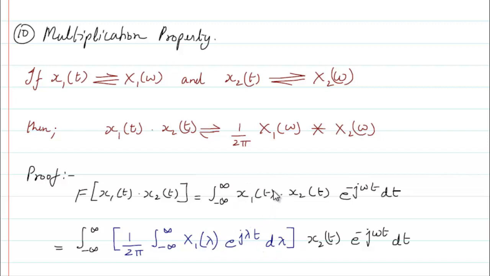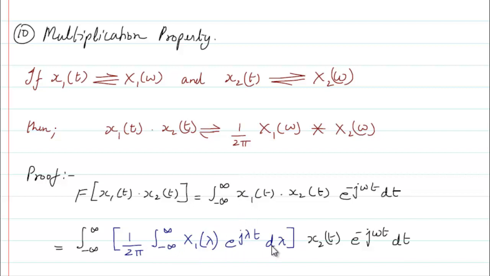So this x1 of t can be written as the inverse Fourier transform of X1 of omega, where instead of omega I have used lambda. So this is the equation of the inverse Fourier transform of X1 of lambda, which will give me x1 of t.